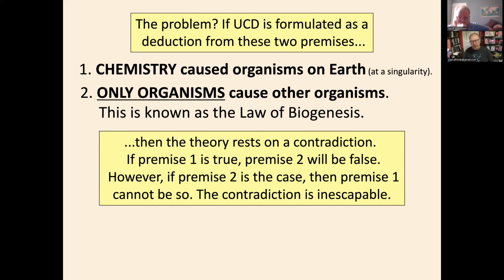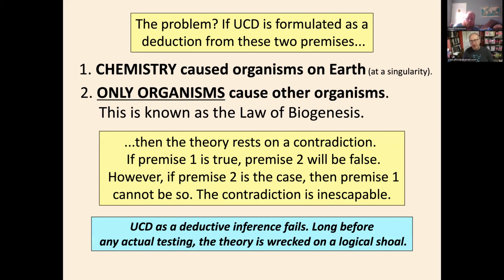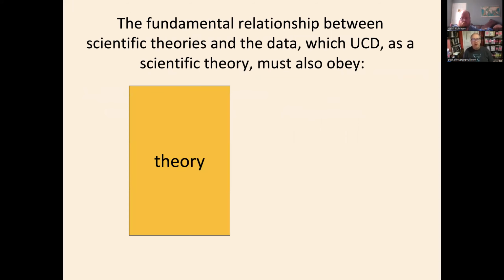If premise two is true, one cannot be. The contradiction is inescapable. And to my knowledge, it's never been resolved, because you're asserting two claims about the world which cannot be true at the same time. So universal common descent as a deductive inference fails long before any actual testing. The theory is wrecked on a logical shoal.